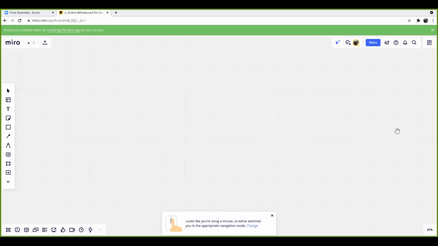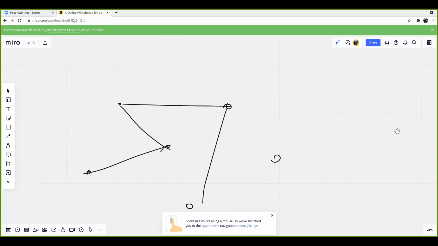So the main topic of the webinar today are graphs, and these are not graphs of functions, but these are graphs in the discrete sense. So we have a collection of vertices, we have a collection of edges that connect those vertices, and usually we are trying to use graphs like this as tools.